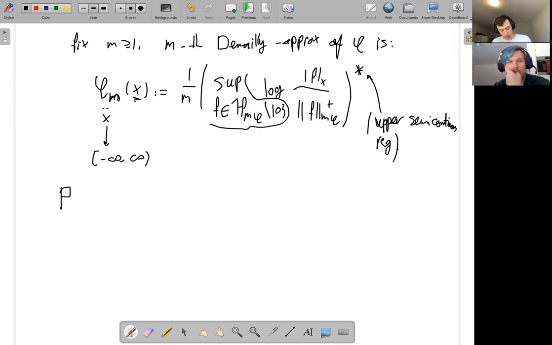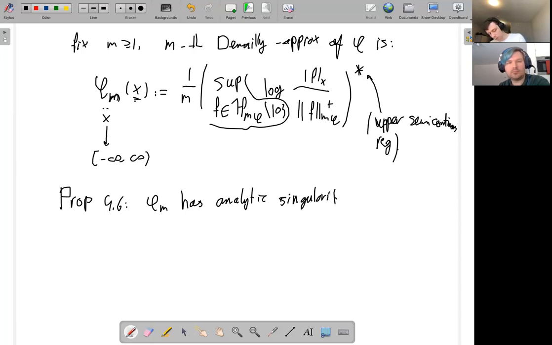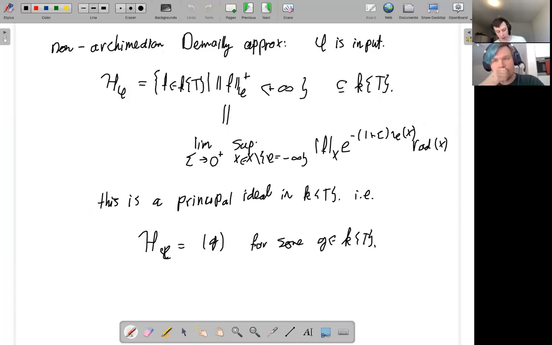Okay, and then the proposition is that this is sort of what we want, proposition 4.6. This has analytic singularities. So in fact, the idea of the proof is to show that it is of the form beta plus log absolute value of this g, where this g is this g.